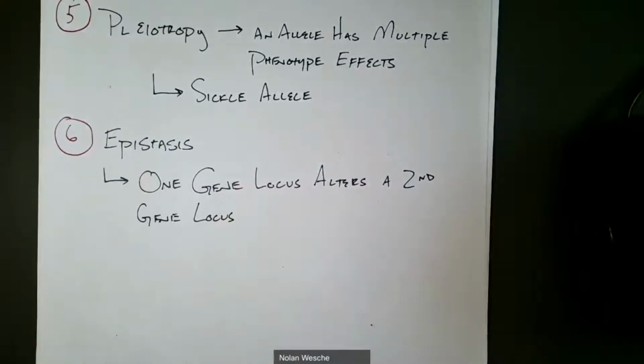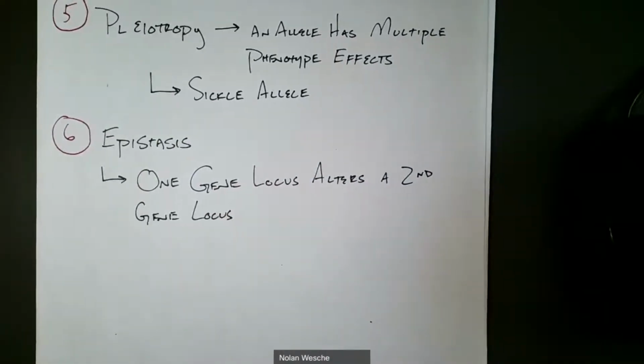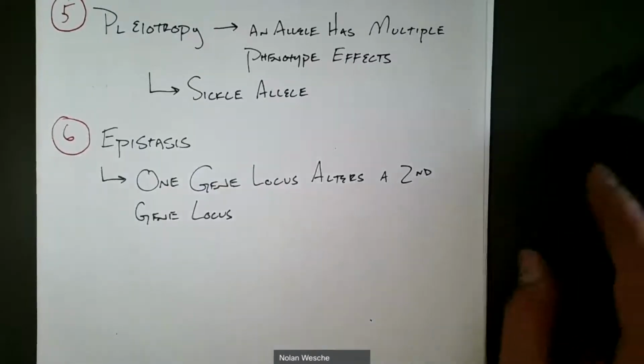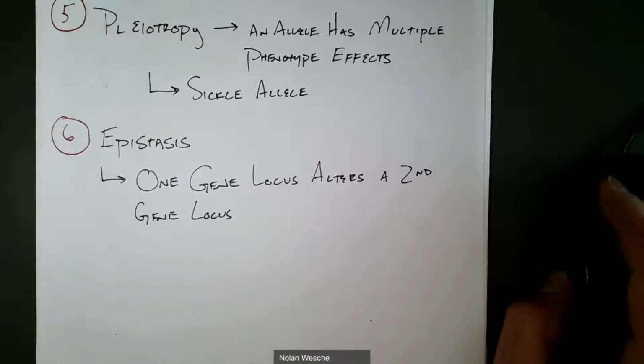So one gene locus alters a second gene locus or location. These traits are epistatic, and we're going to look at an example here.